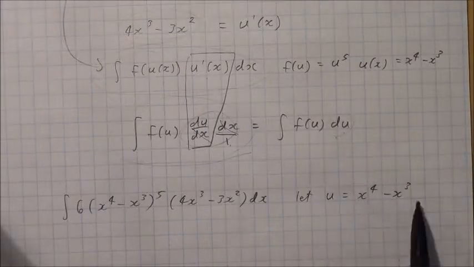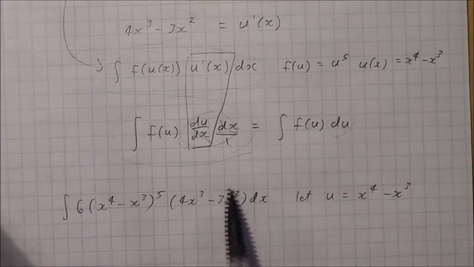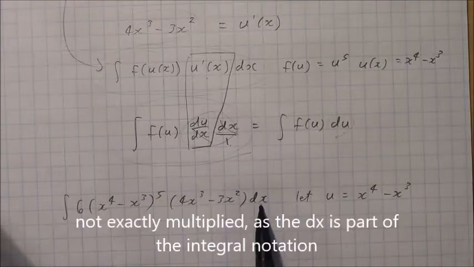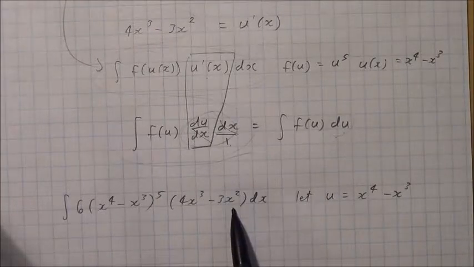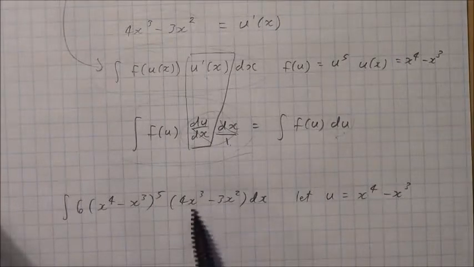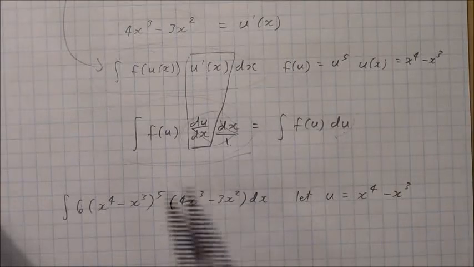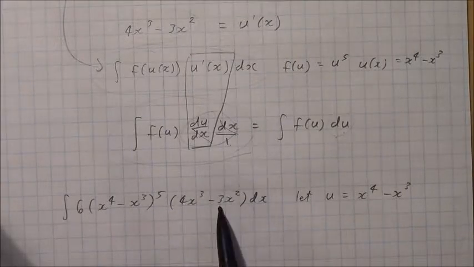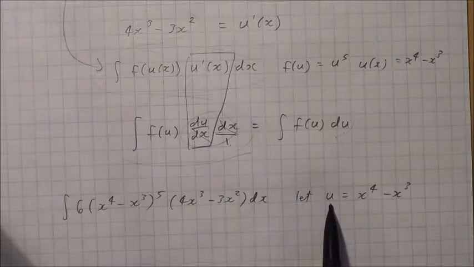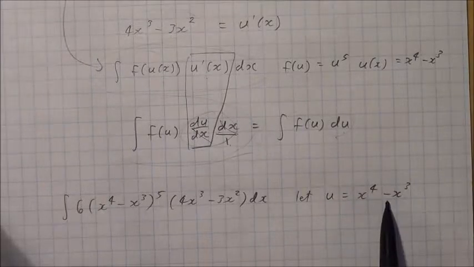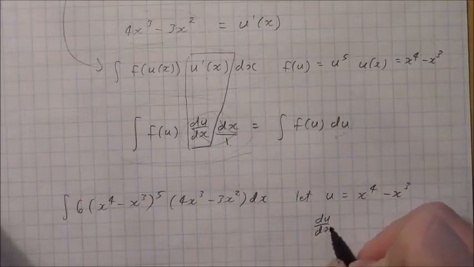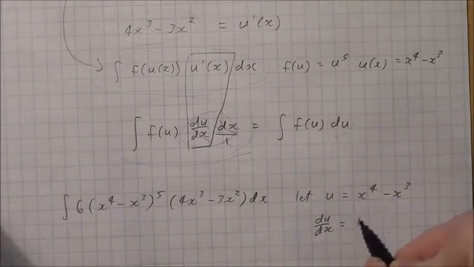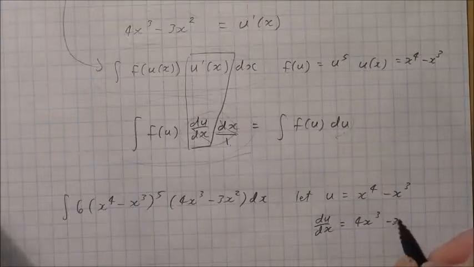The reason we do that is because we've already got this derivative here multiplied by dx, that second part of the integral. In order to get this derivative part, we start with the antiderivative of it, so we let u be this. Then we differentiate, we get du by dx, and that gives us 4x cubed minus 3x squared.